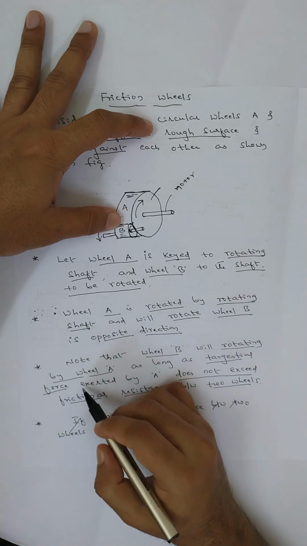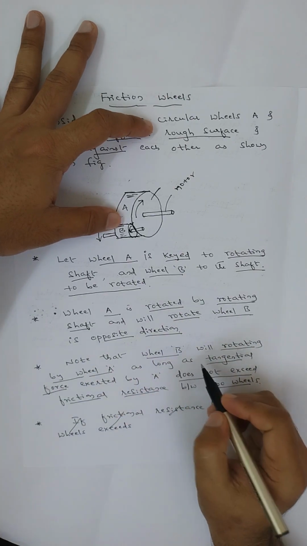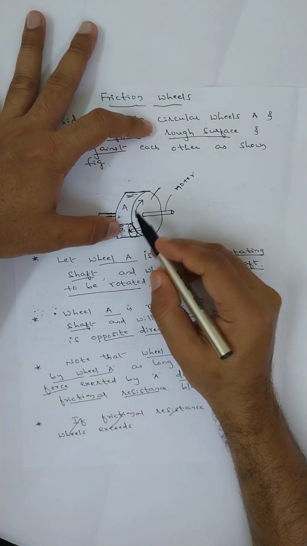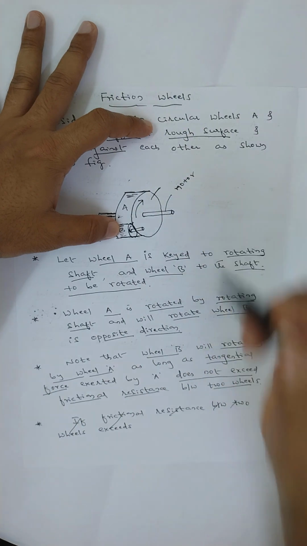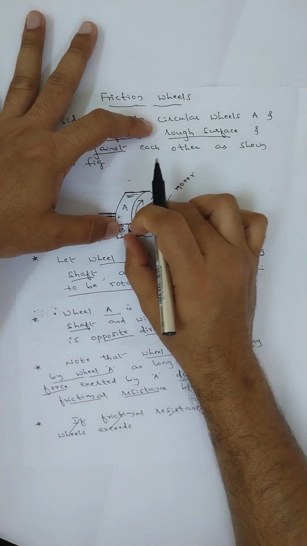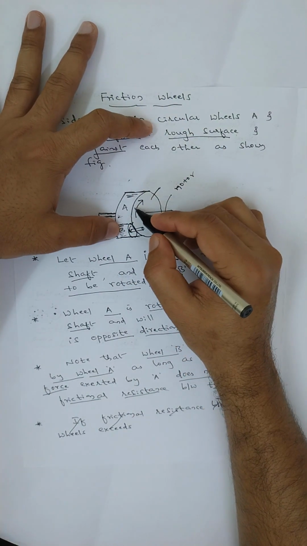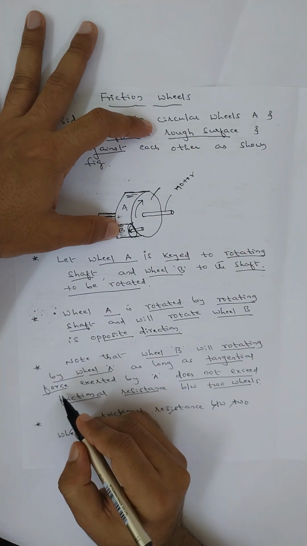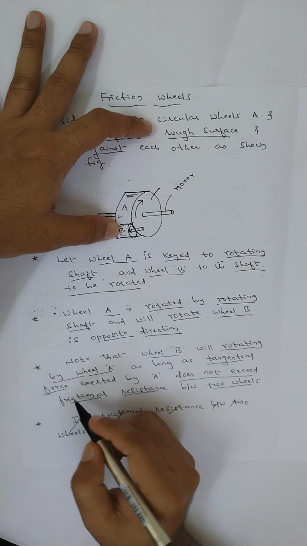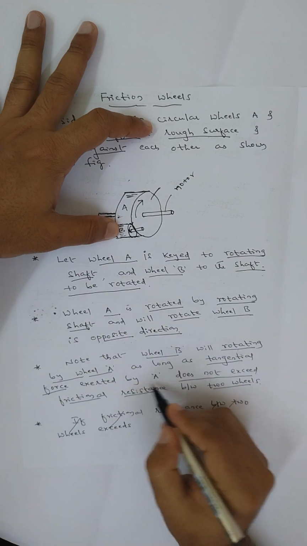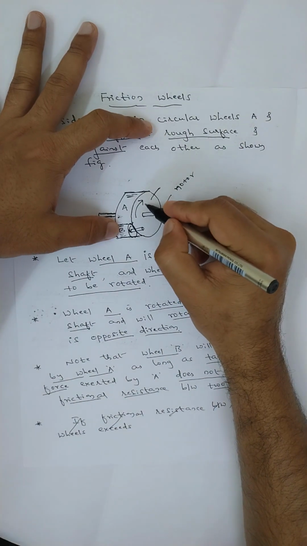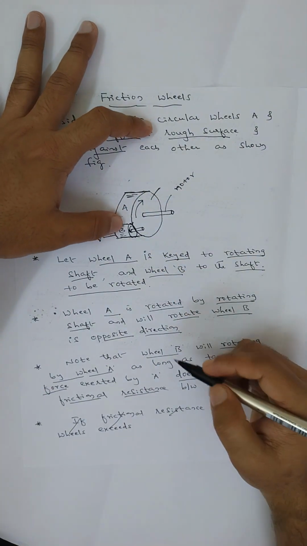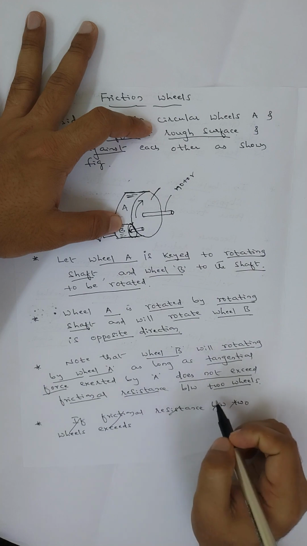Note that wheel B is rotated by wheel A. B rotates with respect to A as long as the tangential force exerted by A does not exceed the frictional resistance between the two wheels.